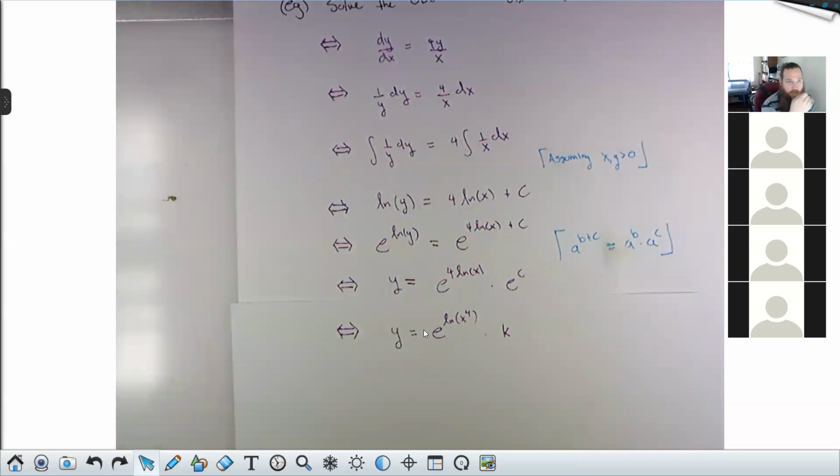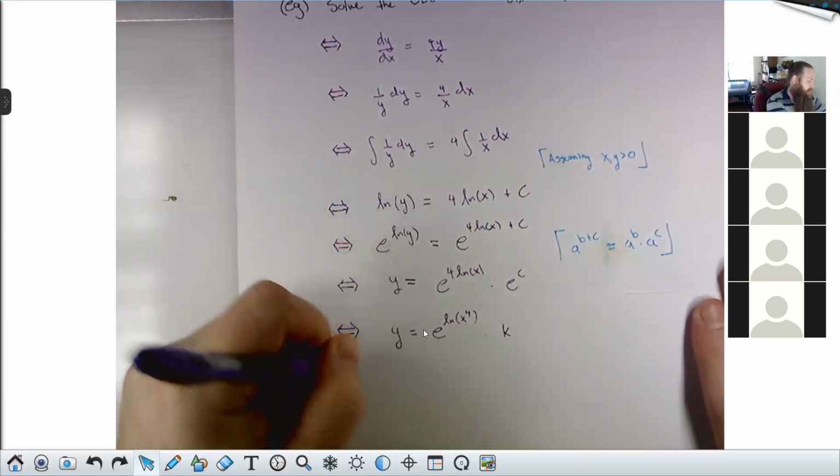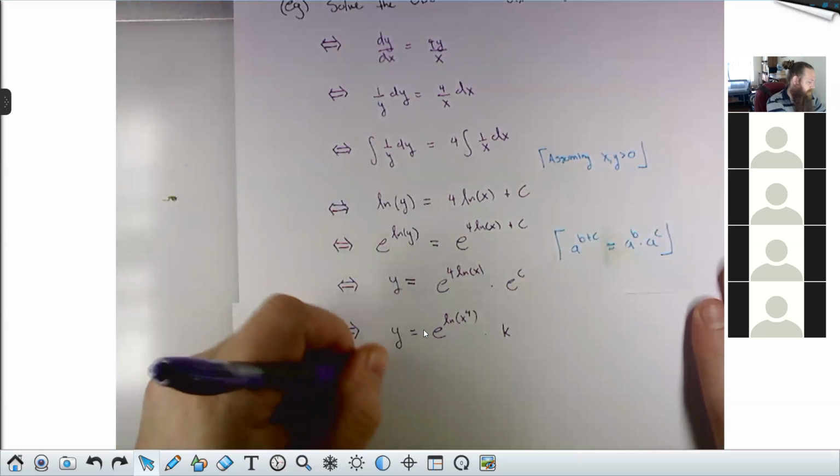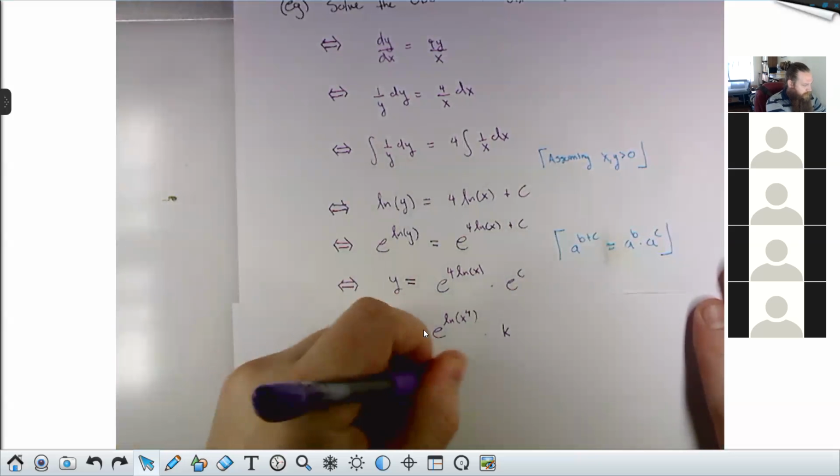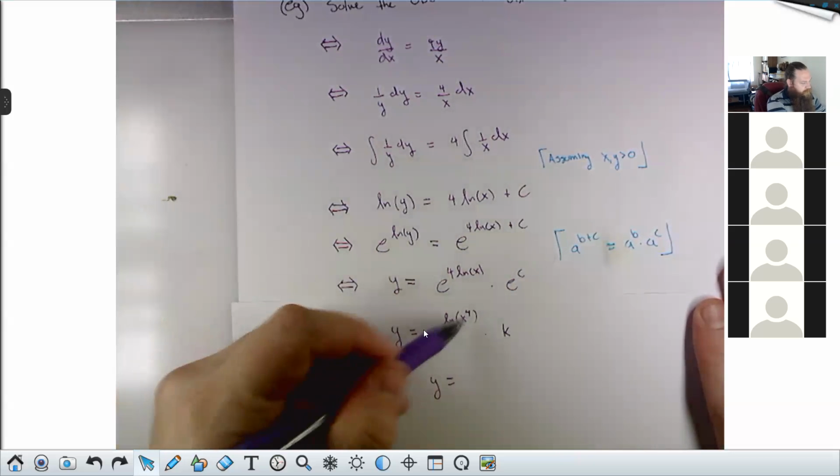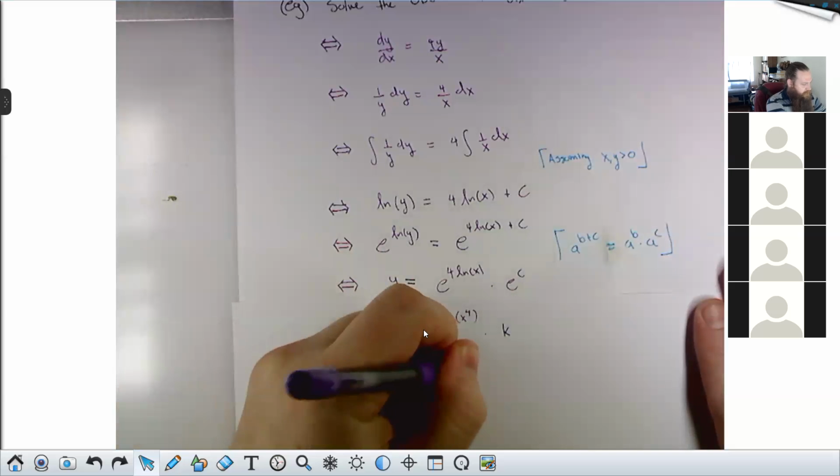If c is an arbitrary constant, then e to the c is an arbitrary positive constant. And so finally, we get y equals e raised to the natural log of x to the 4, which is just x to the 4.